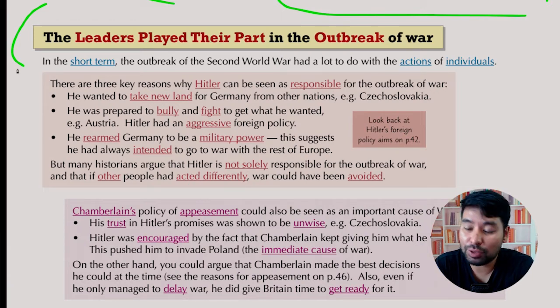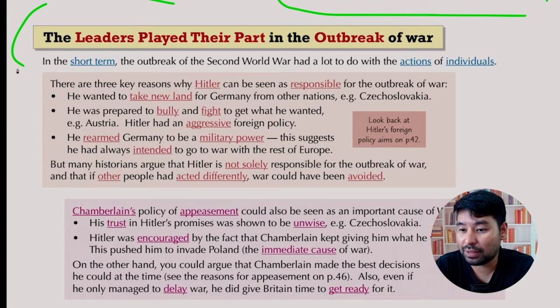And number three, he rearmed. He rebuilt his armed forces and built guns, tanks, military helicopters and armor, all the stuff related to self-defense and attack, and made Germany a military power.